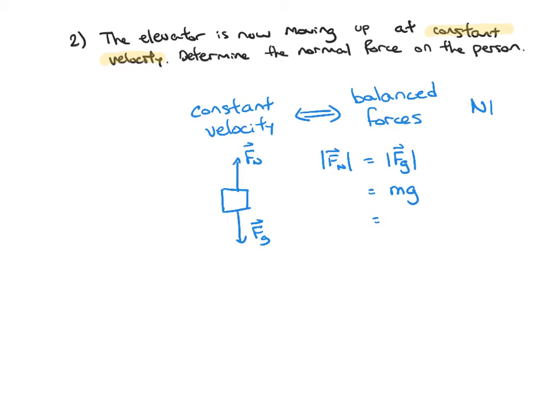It's the same person, okay, 60 kilogram person times 9.8, which I already figured out in the previous question is 588 newtons. So that's the 2 sig figs. My final answer, I will write a statement that the normal force equals 5.9 times 10 squared newtons, and give the direction of the normal force, which is up.